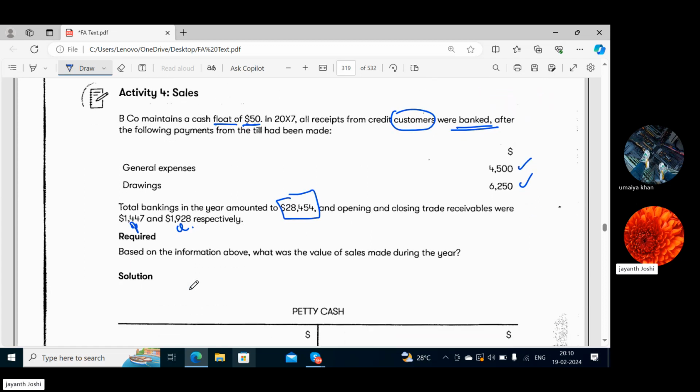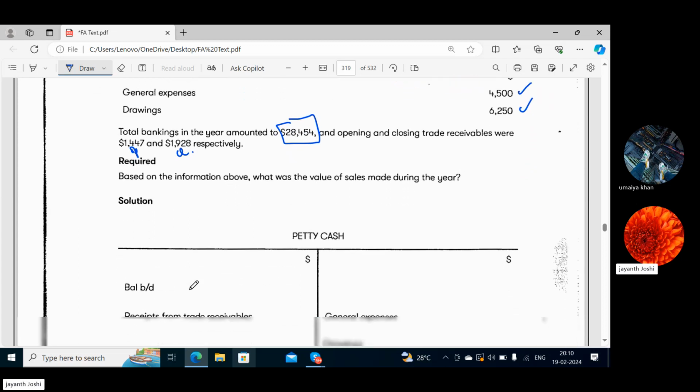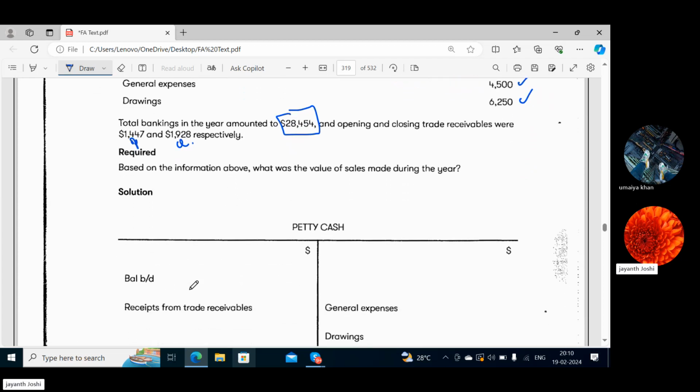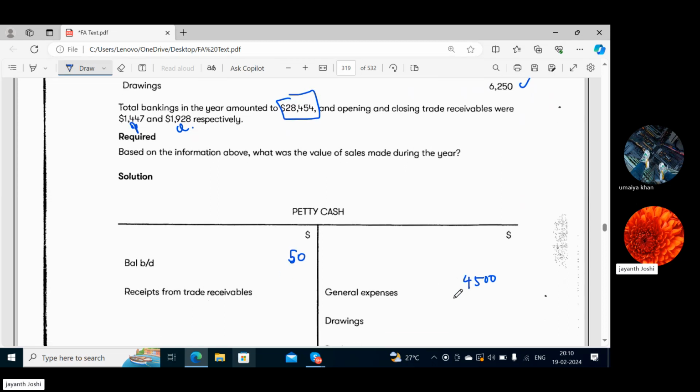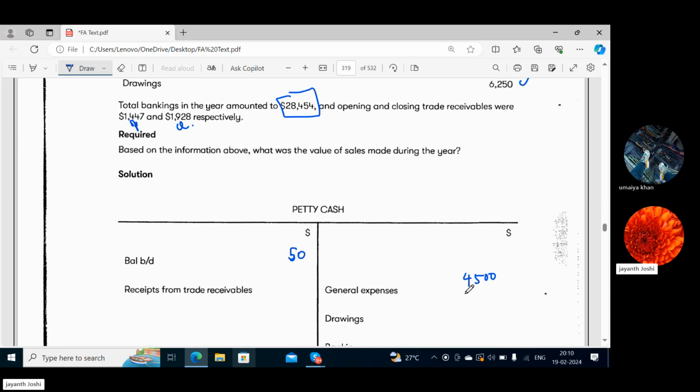For this, we have to make certain accounts. Petty cash: the opening balance of petty cash is given as the float, that is $50. Now, out of this petty cash, how much has been expended? General expenses, as we have seen, is 4500, and drawings is 6250.